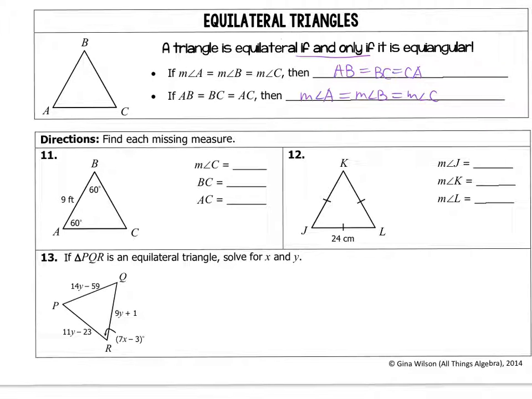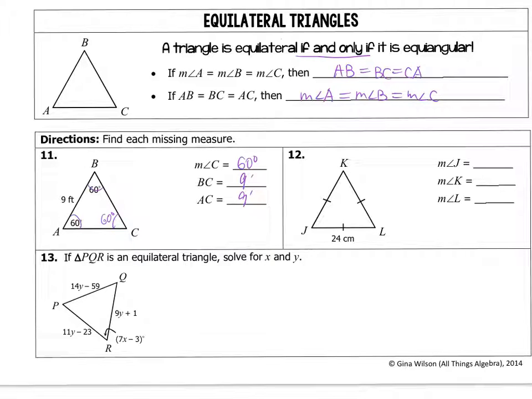So some examples here. Let's go for number 11. If I have 60 and 60, and 180 minus two 60s, I would have another 60 degrees here. And therefore, all three sides must all be 9 feet. It's fairly simple and straightforward. And the last one, number 13, you've got 3 sides that are given, and you've got an angle that's given.